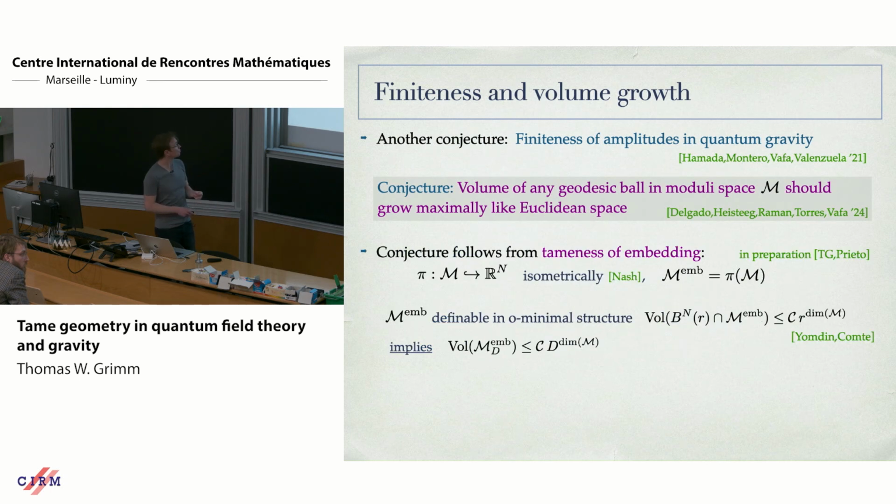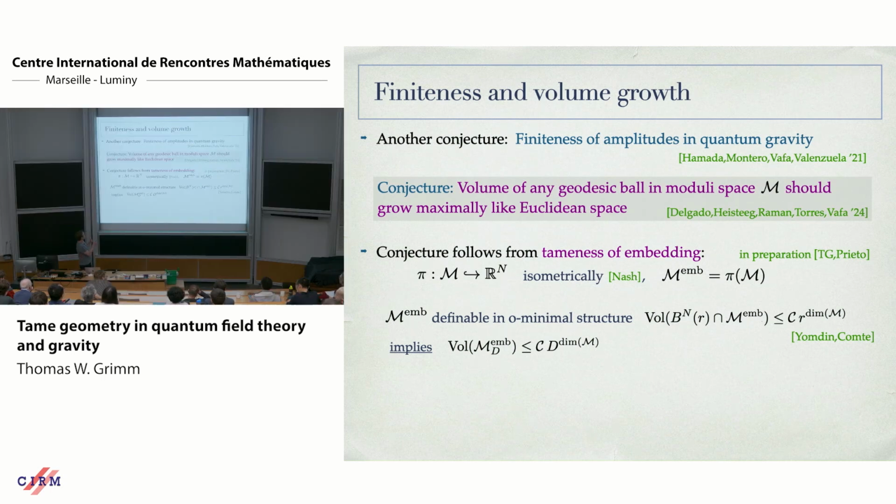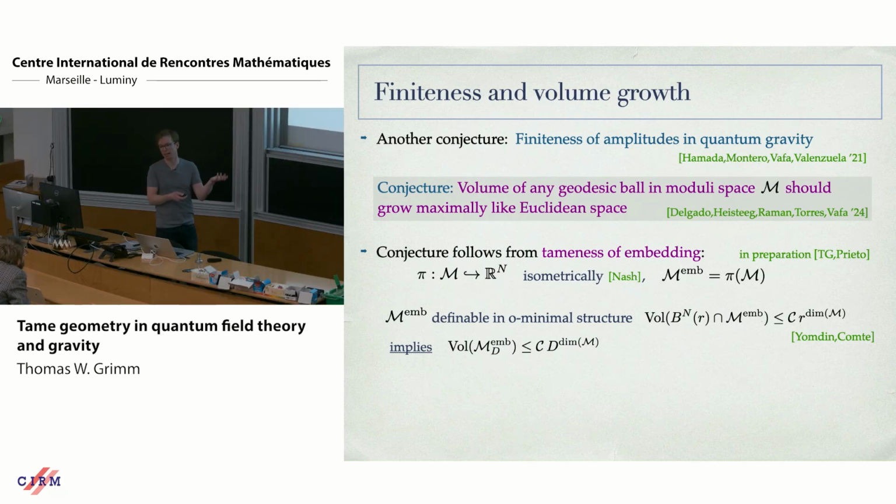Well, in fact, if we relate it to tame geometry, we actually have to talk about the embedding of the manifold. Let's take this space M, this Riemannian manifold, and by the Nash embedding theorem, you can always embed it into R^n isometrically. I call this embedded space M embedded. And then we require that it is o-minimal, that it's definable in an o-minimal structure.